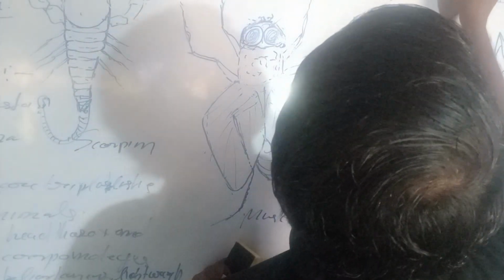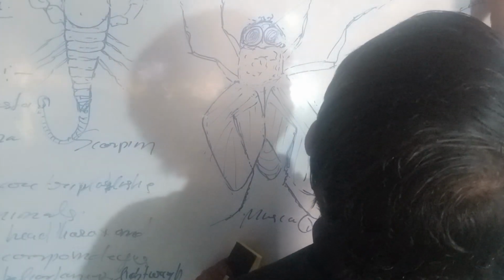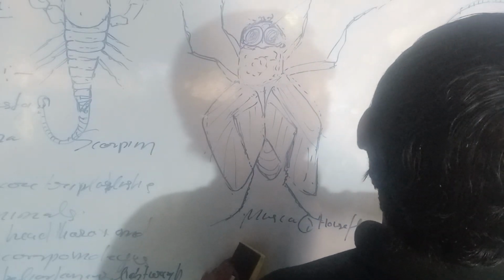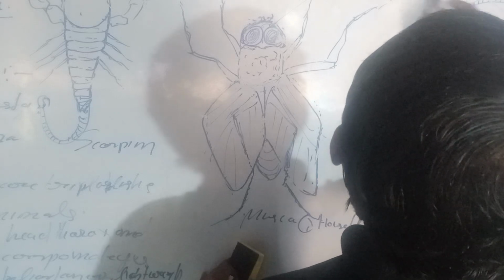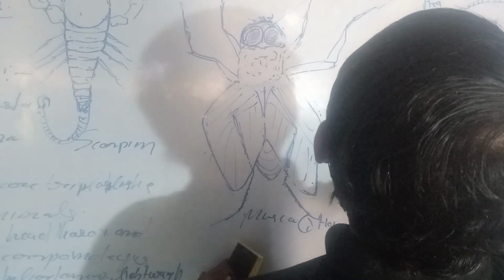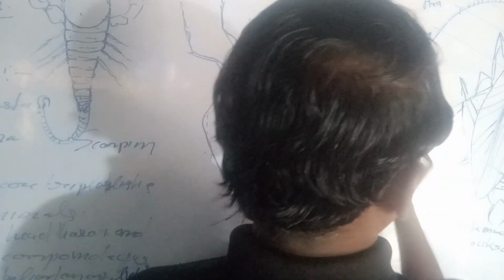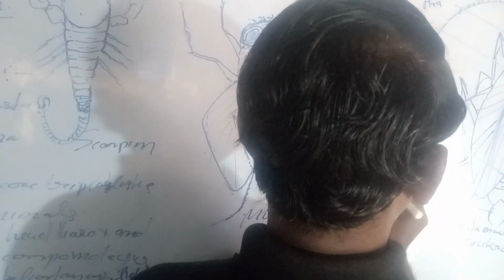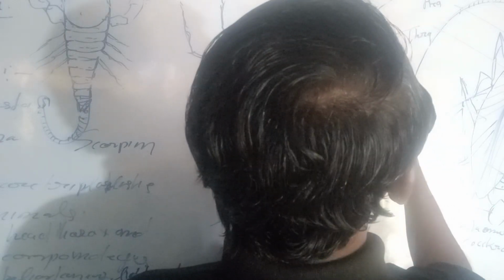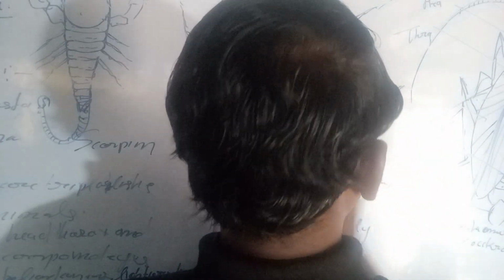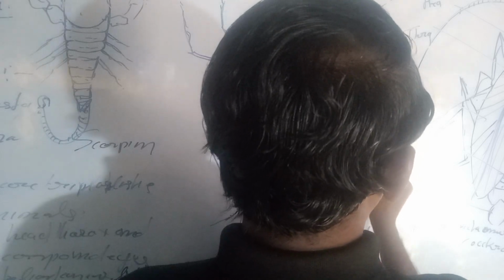Here are the structures: compound eye, antenna, and also abdomen, head, thorax, abdomen, anal cerci, wing, and these are the wings, and here are the appendages, and body segmentation just like that.